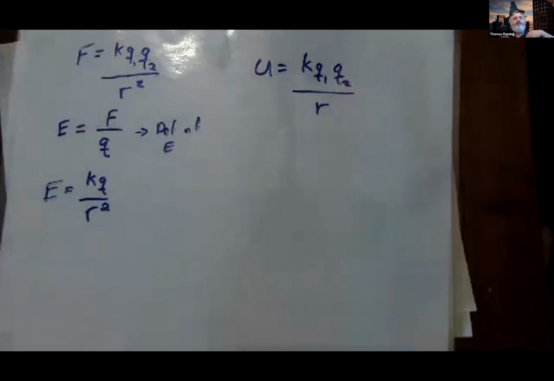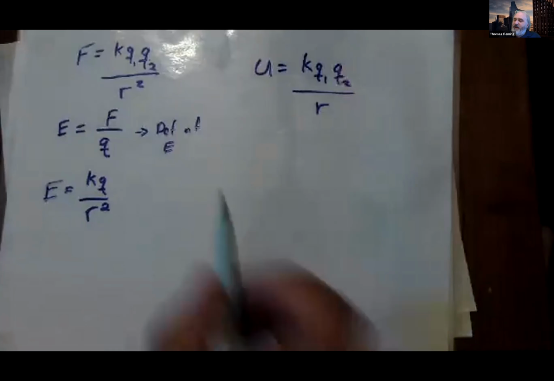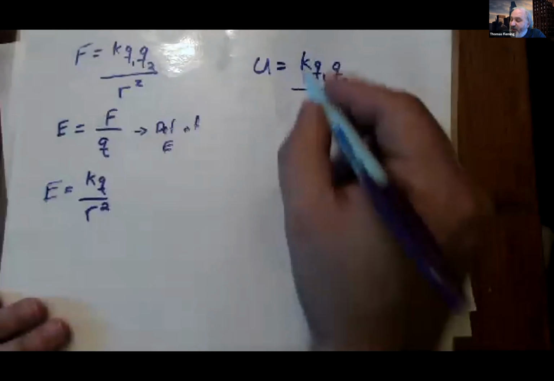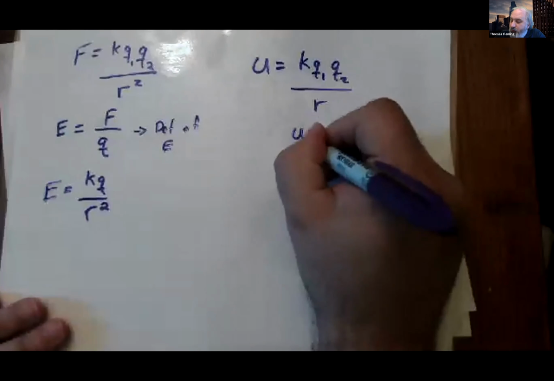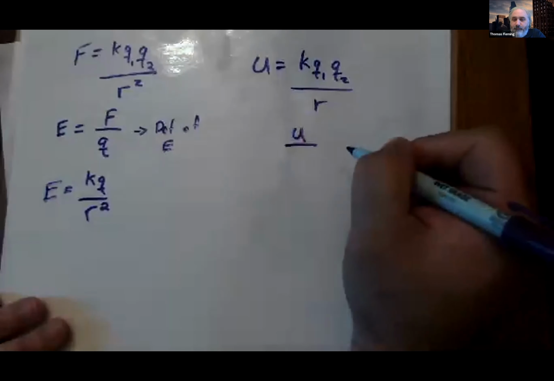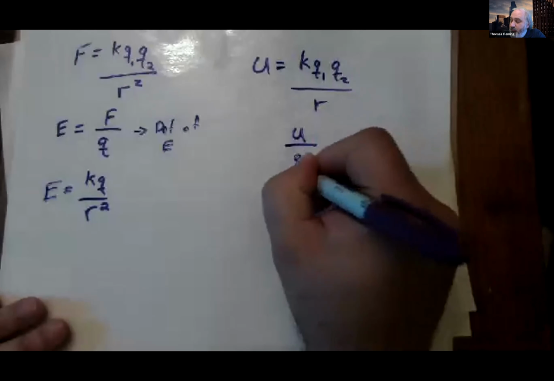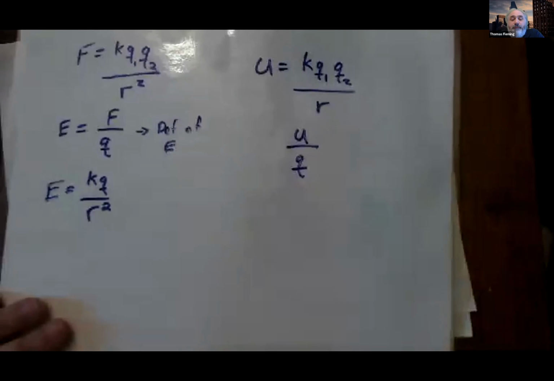And so we're going to invent a new concept that's kind of similar to this. We're going to define that concept to be whatever U is for two charges divided by the size of one of those charges. We're going to give this a name.